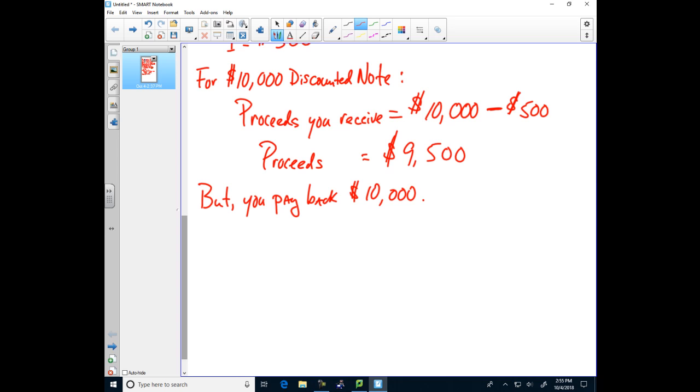But you don't get that much on the front end. The amount of interest is discounted from the note itself. So the only difference between this chapter and last chapter is we subtract rather than add. It's always kind of good to find something you already know how to do, isn't it?